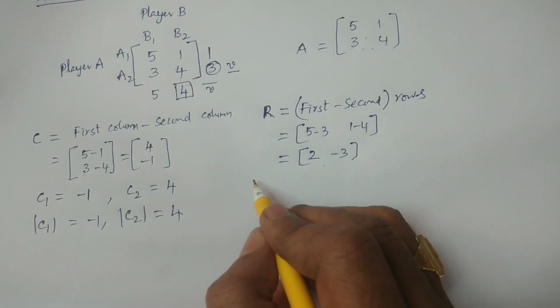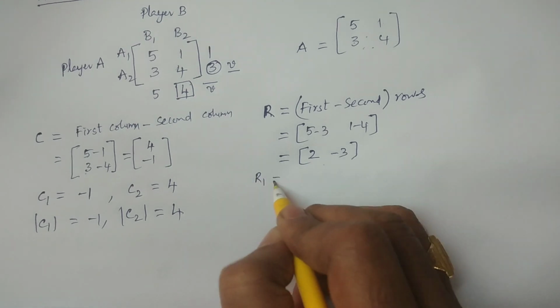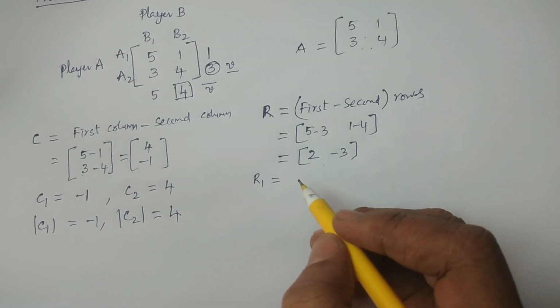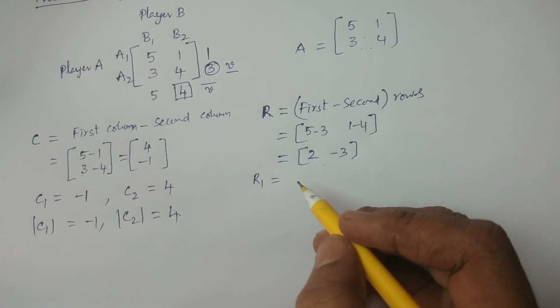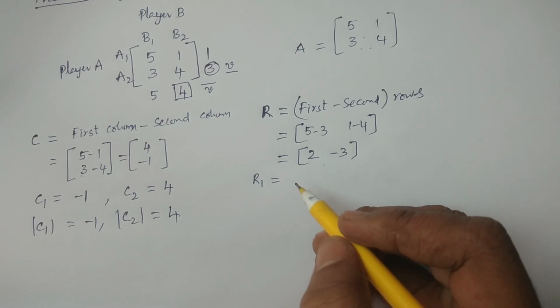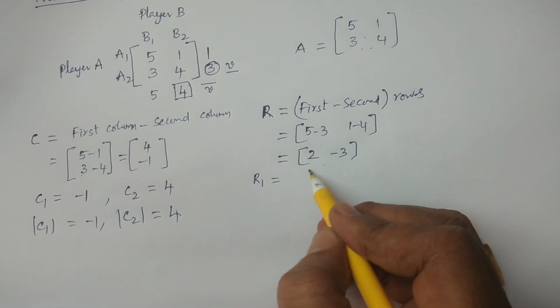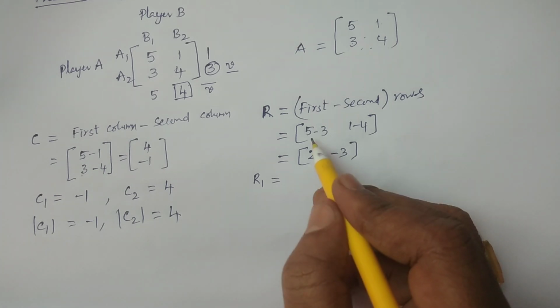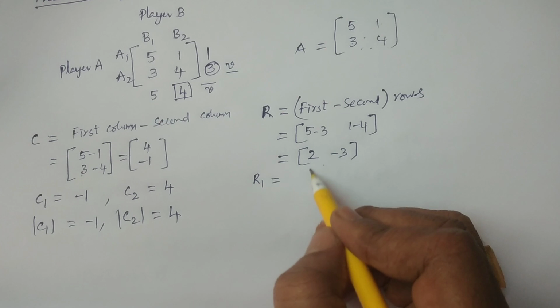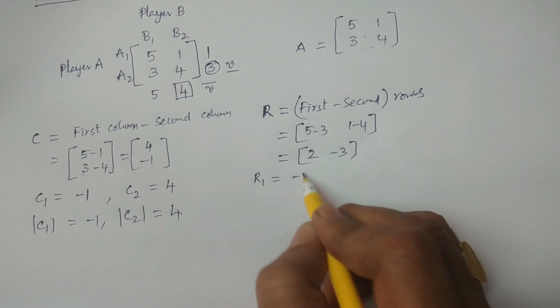Now to get the column oddments, you have to calculate R1 and R2. R1 is obtained by deleting the first column, and the remaining value is -3.